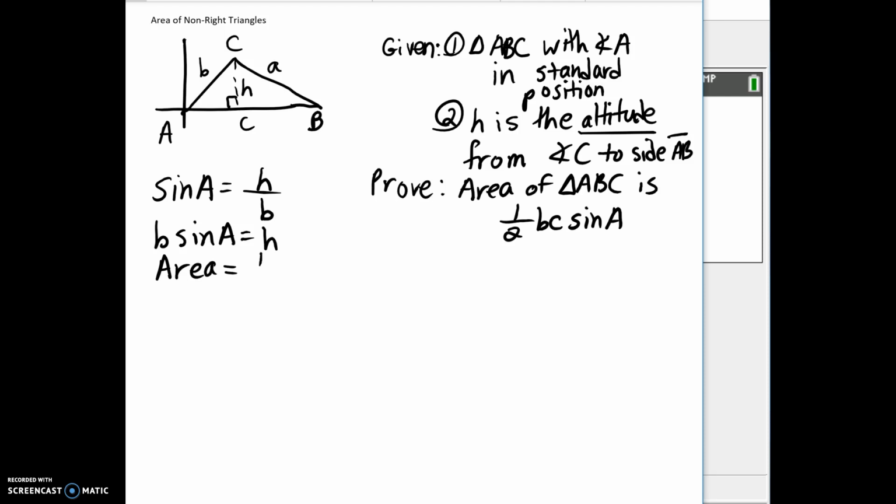So area is equal to 1/2 base times height. I'm going to write out the formula so that we're not using the letters B and H, since we want to actually replace those values.